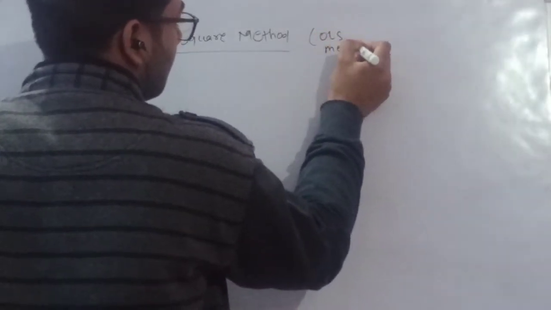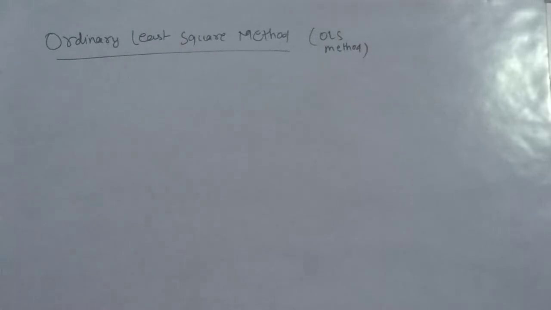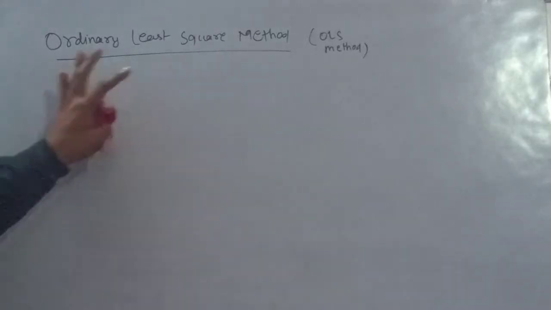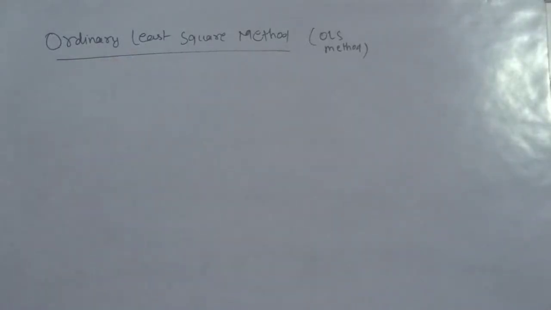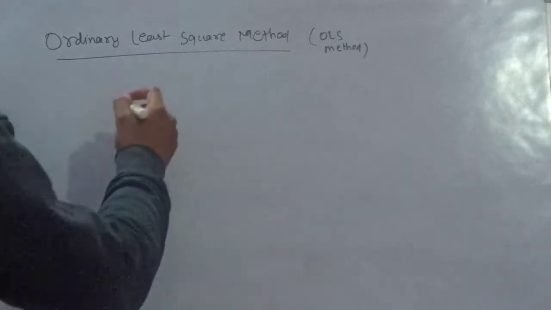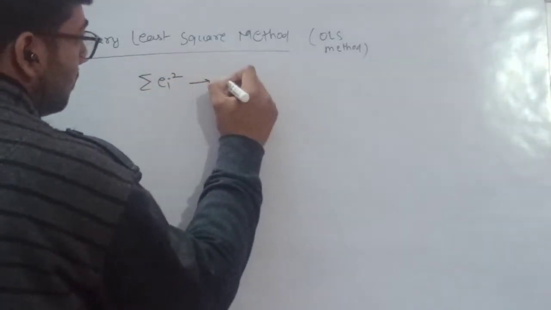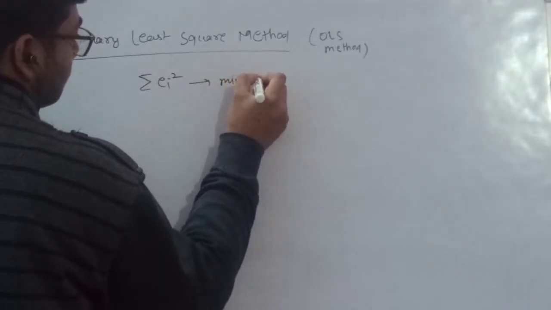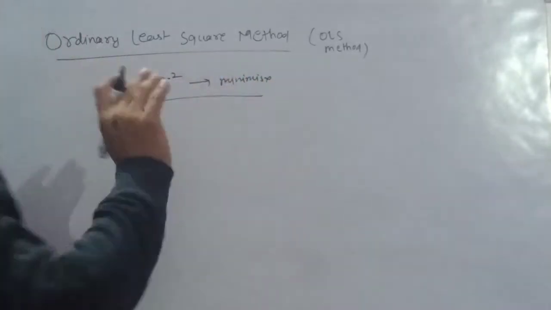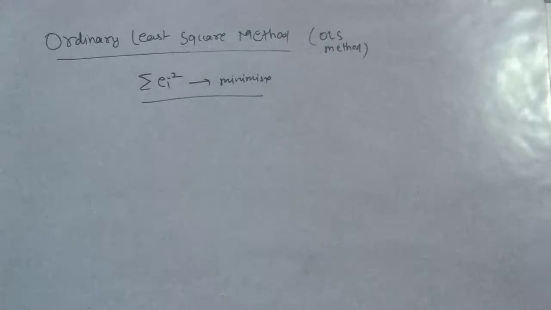Now listen to me carefully. You can also write its definition, but I will tell you simply. In this method, we will minimize the summation of ei square. We have to minimize that in this method.